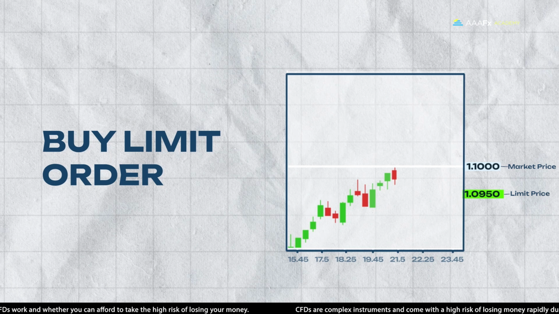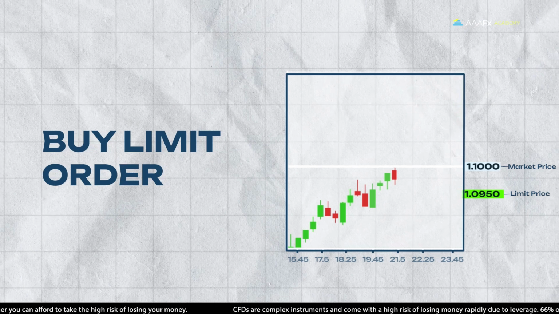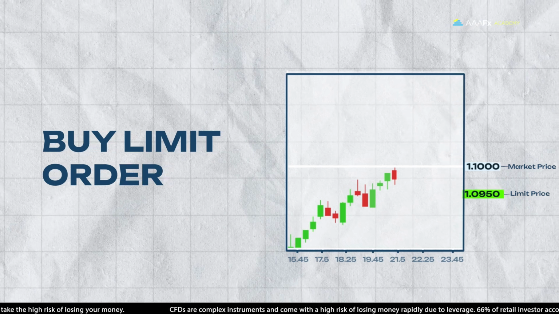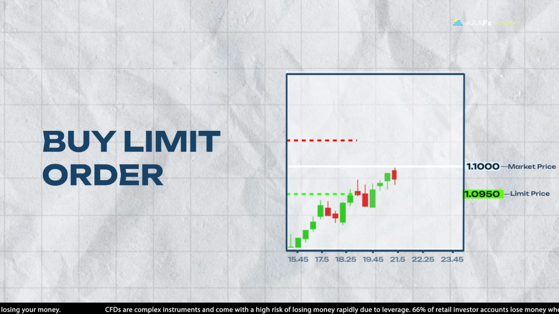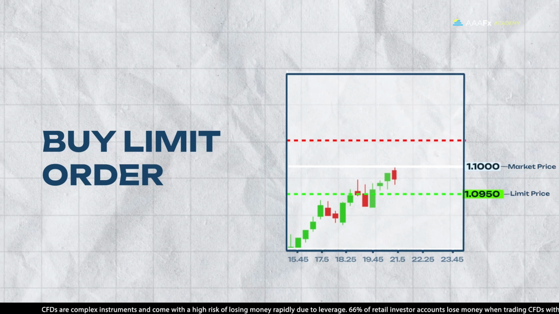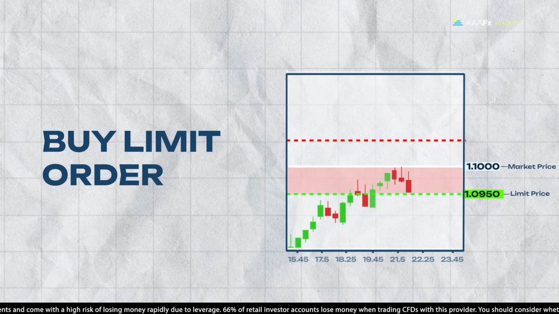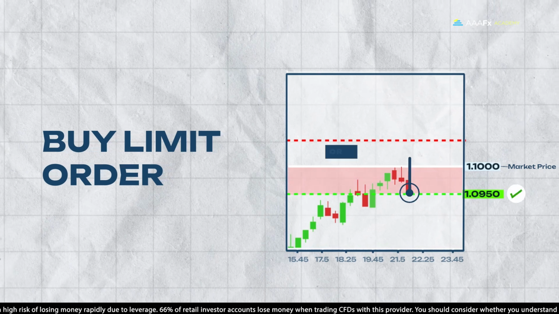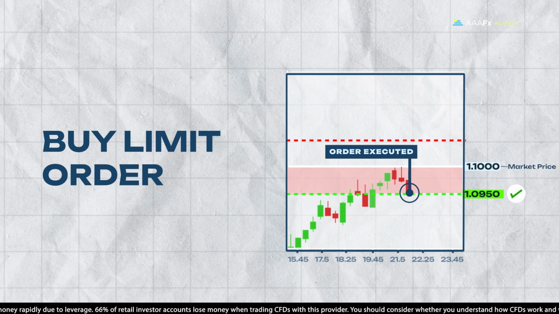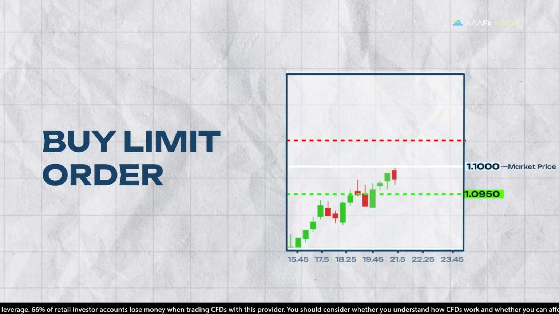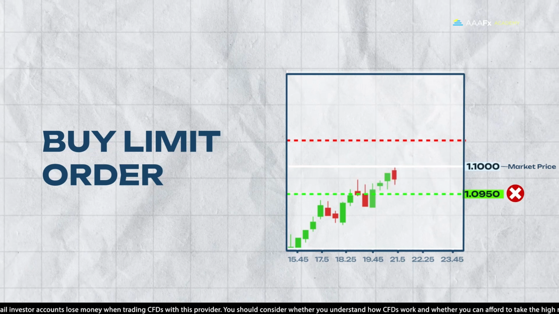You believe it'll dip to $1.0950, and that's where you want to enter the trade. So you set your buy limit at $1.0950. If the ask price falls to $1.0950 or lower, your order gets triggered and you're in the trade. But if the market doesn't take that dip, your order remains untouched.